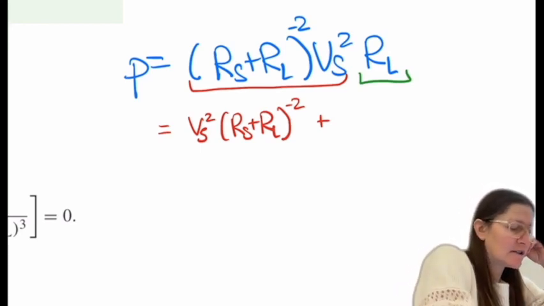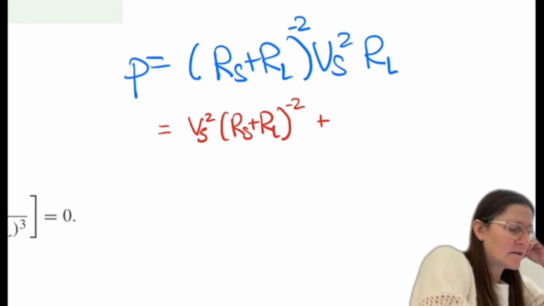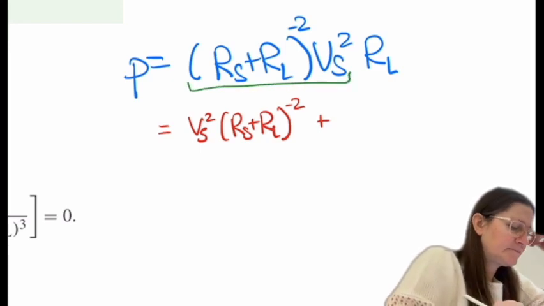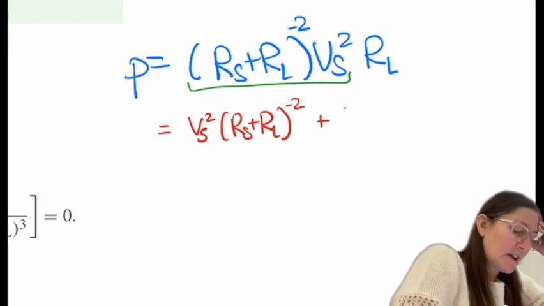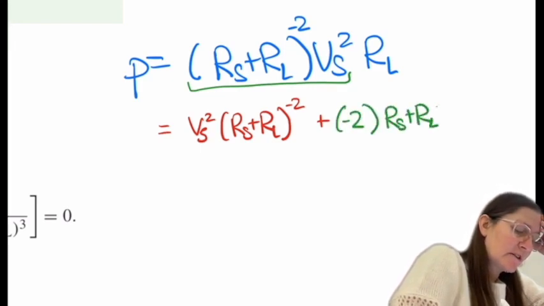And then I take the derivative of this, and that ends up being a minus 2 times R_S plus R_L, and then minus 3.